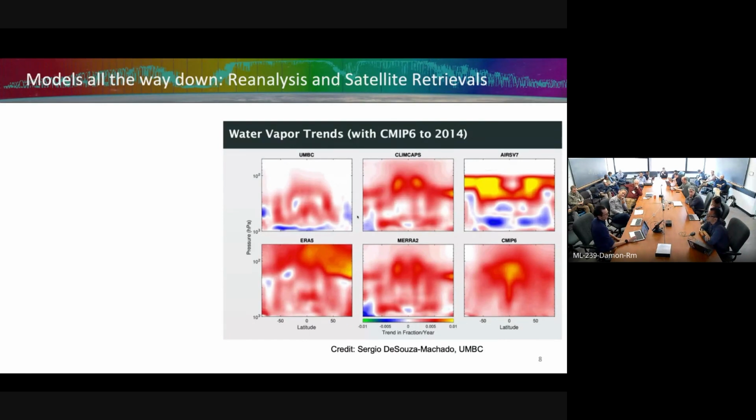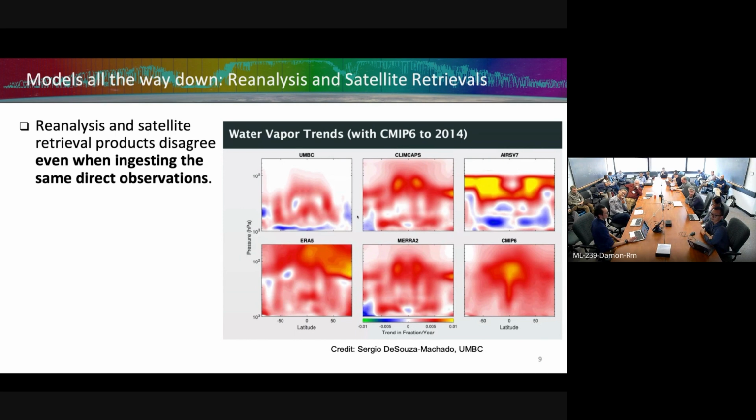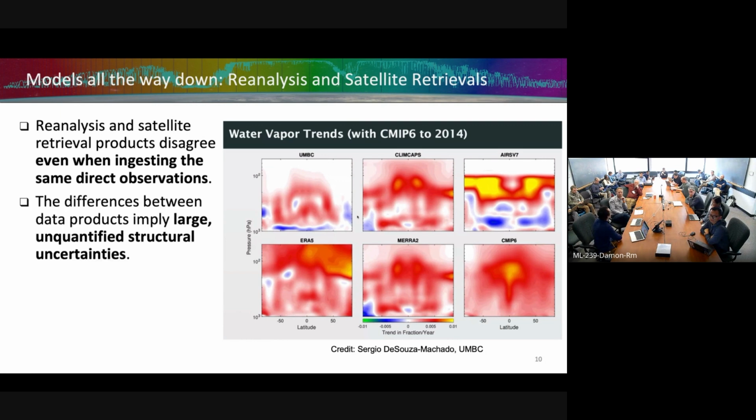And so this is, again, a good point that it is models all the way down. These reanalysis and satellite products differ even when they ingest the same direct observations. And this implies an unquantified structural uncertainty in these data that we rely on really heavily to evaluate our models.